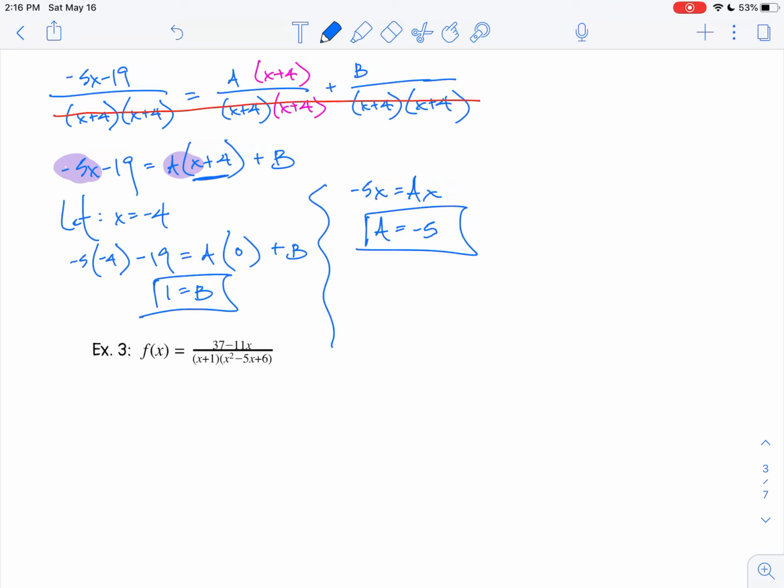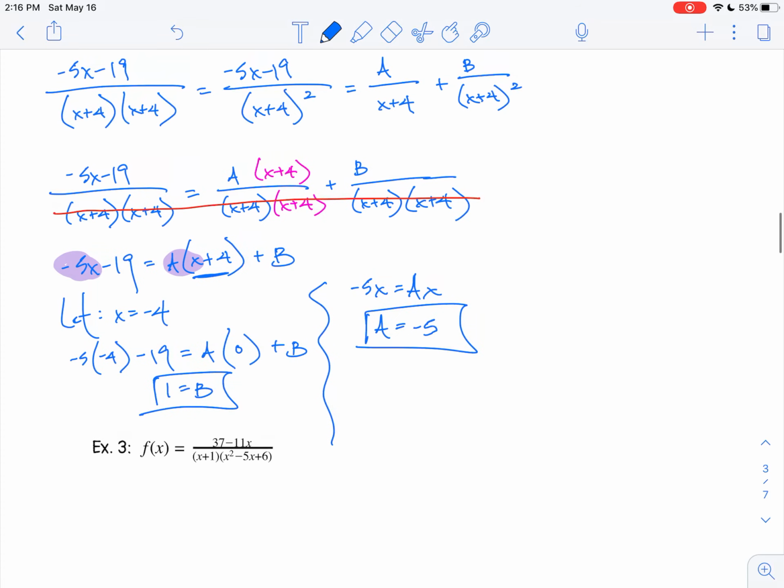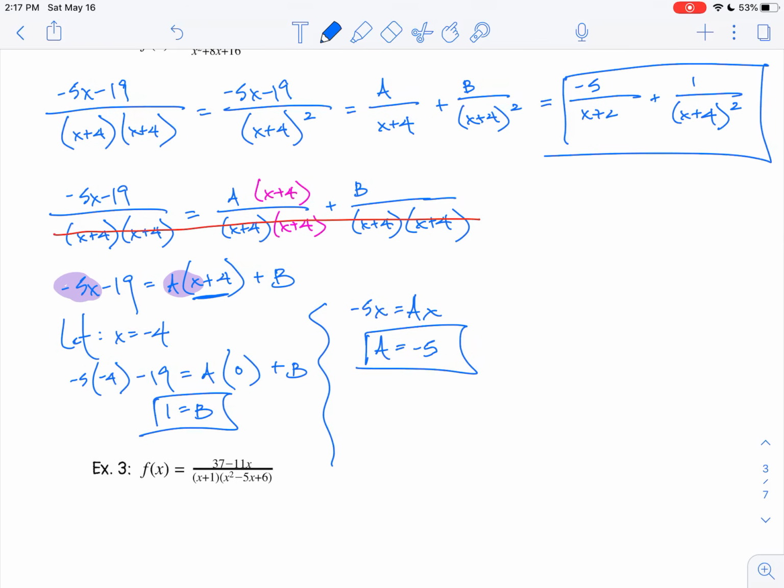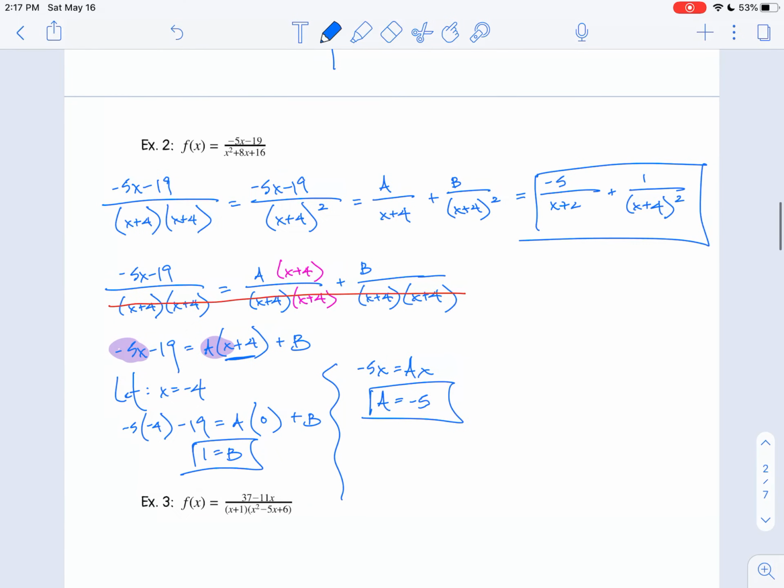Okay, so I'm combining the strategy I used in the first video with the strategy I used in that first problem I did in this video. And now my final answer is to write out what my a and b are in the partial fraction. So I get negative 5 over x plus 4 plus 1 over x plus 4 squared. And this is my partial fraction decomposition for question number 2.